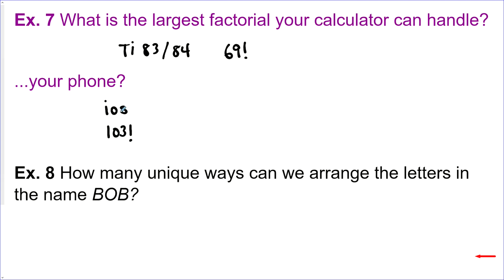At least it has for the last few years. If you're running an Android, it can differ quite a lot. Androids start topping off at 170 factorial, but we found one that would go all the way to 28,000 factorial. So I guess we see who the winner is here.